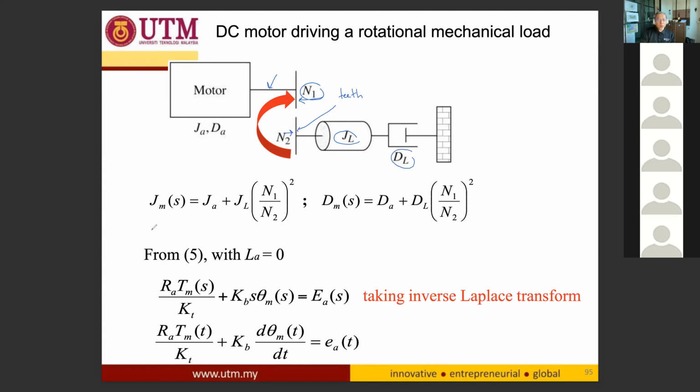Therefore we can write the equation for Jm, which equals Ja plus JL, to represent the motor load, and the viscosity damper equals Da of the motor plus the load DL, multiplied by the gear ratio N1 over N2 squared.